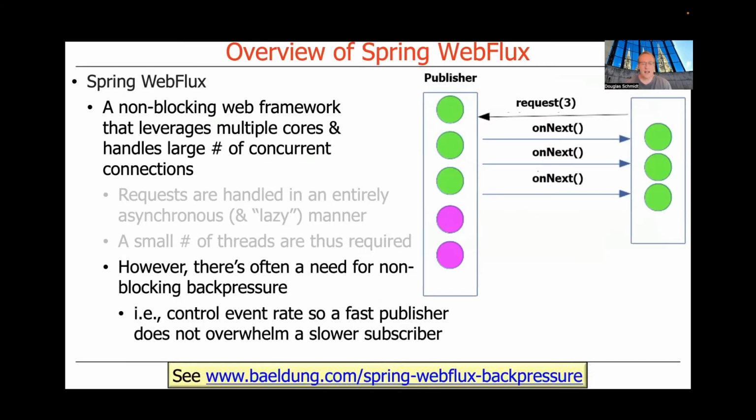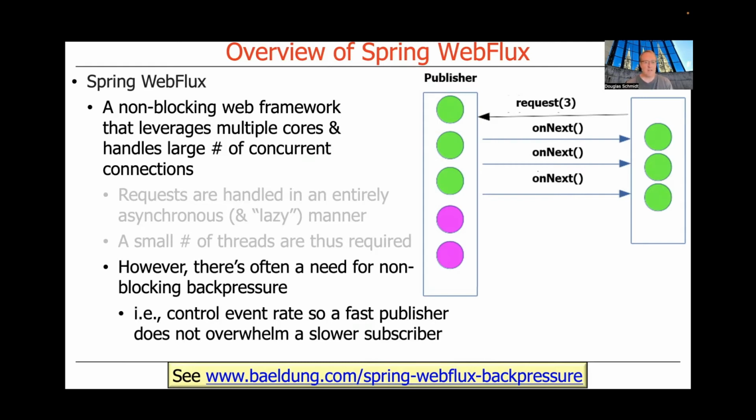There's also a need in any system based on a reactive style model for some kind of back pressure to deal with the fact that you have a lot of non-blocking operations. In particular, you have event rates that, if you're not careful, will overwhelm the subscribers or consumers by having the publishers or producers generate requests faster than the consumer or subscriber can keep up.